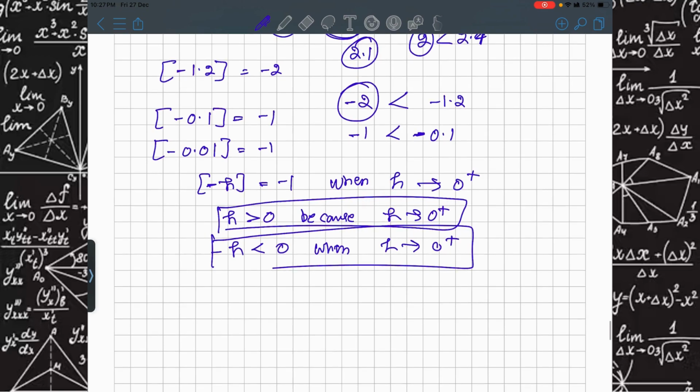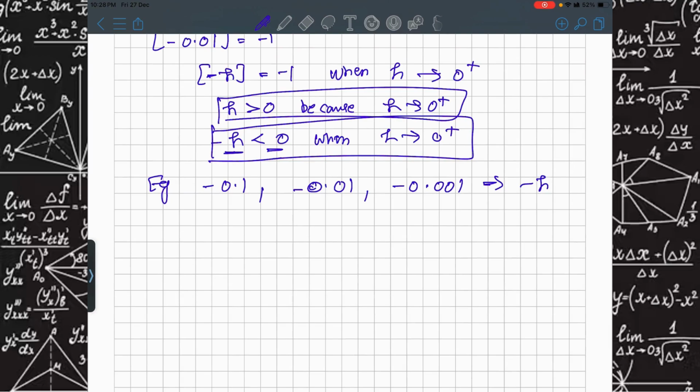Am I right? So minus h is slightly less than 0. For example, minus h can be minus 0.1, minus 0.01, minus 0.001. These are all just examples. Minus h can be anything which is slightly less than 0.